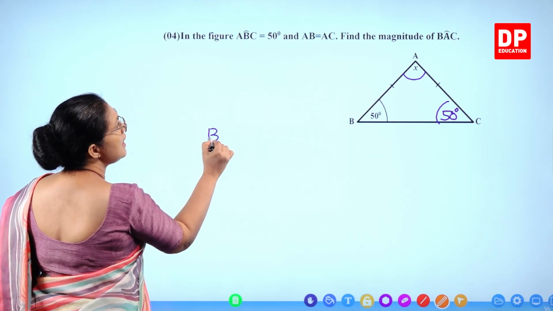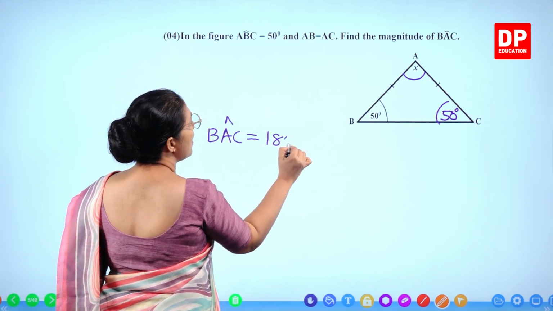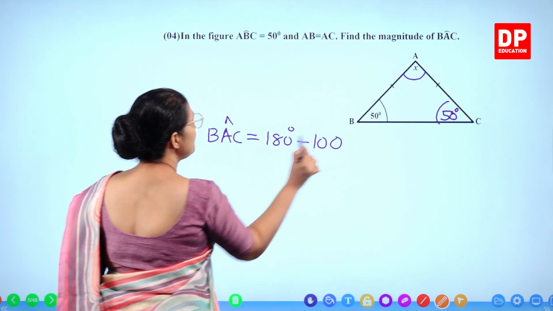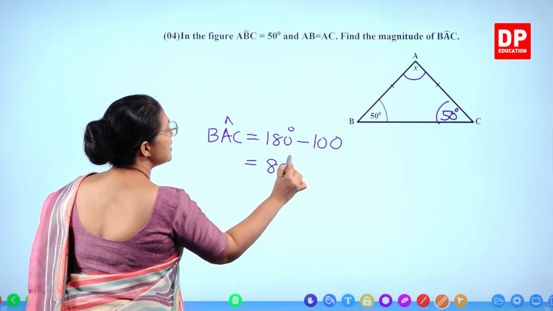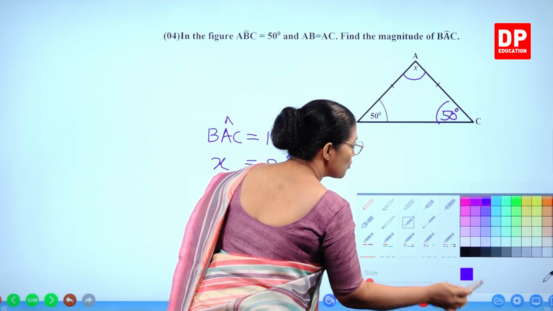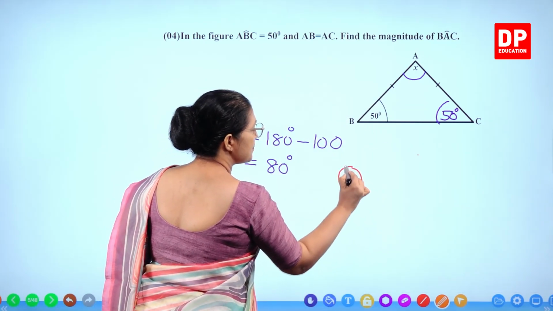Angle BAC is 180 minus 50 and 50, which is 100, so you get 80 degrees. So x equals 80 according to this diagram. 2 marks for that.